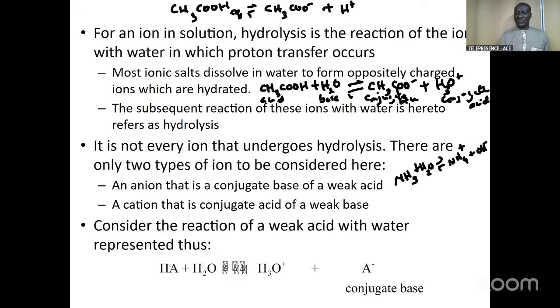So you can see in this reaction, ammonia is a proton acceptor, so it's a base. And because it has accepted a proton, it formed ammonium ion. So the ammonium ion formed is the conjugate acid of ammonia. Now, ammonia is a weak base, and so the ammonium ion is the conjugate acid of a weak base.